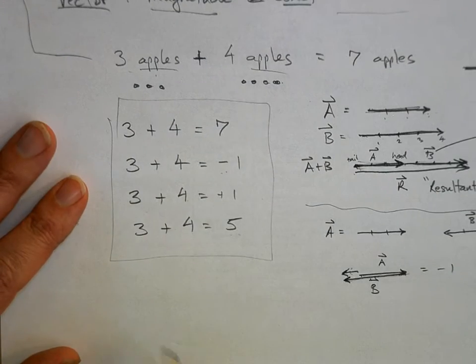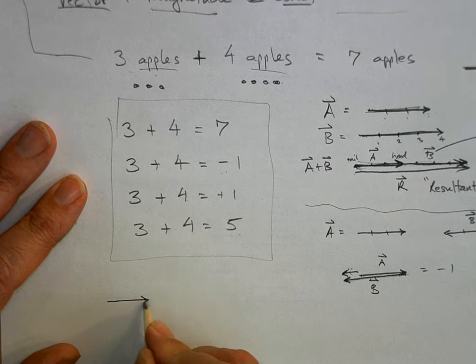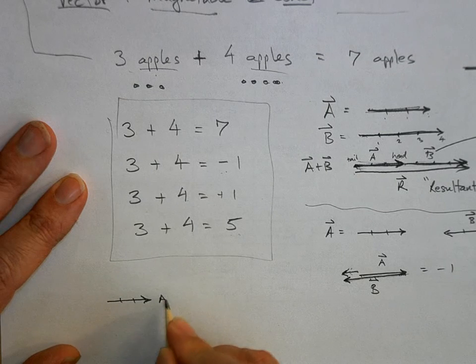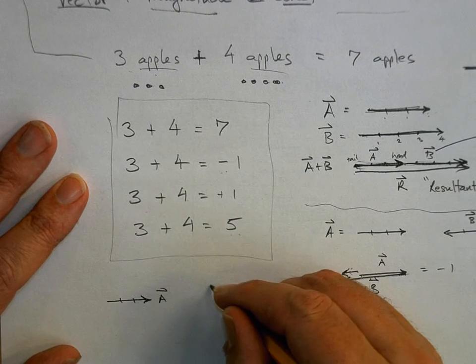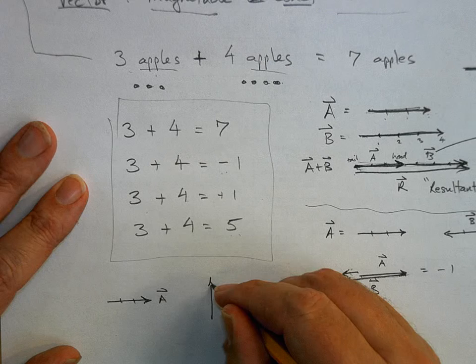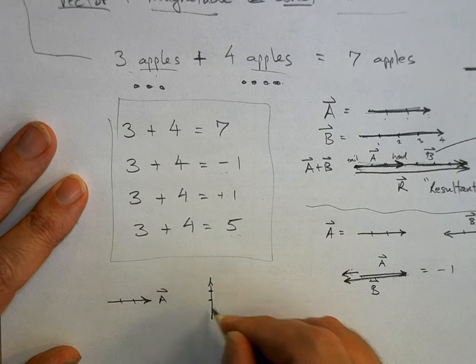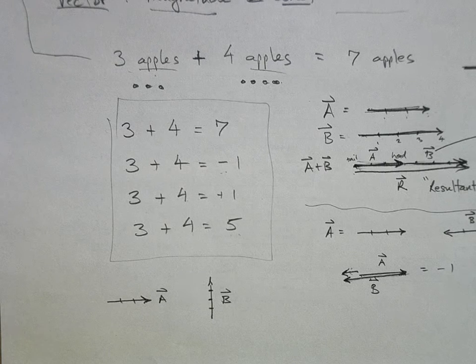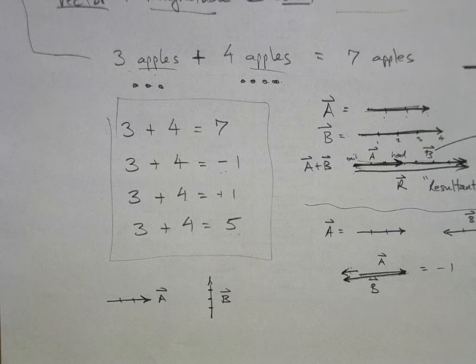Let's say that A looks like this. 3 units of length to the right is vector A. But let's say B looks like this. 4 units, but straight up. Now what's my answer?